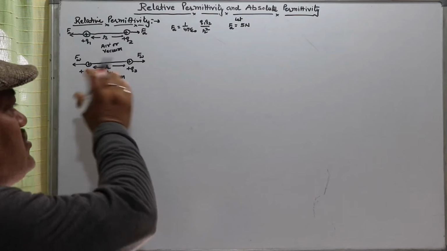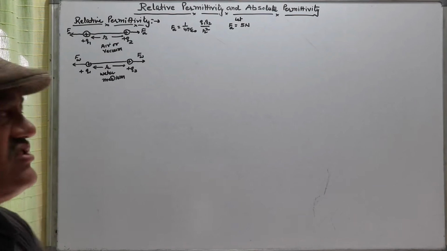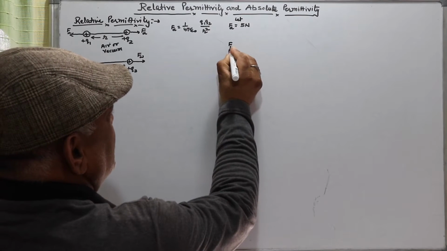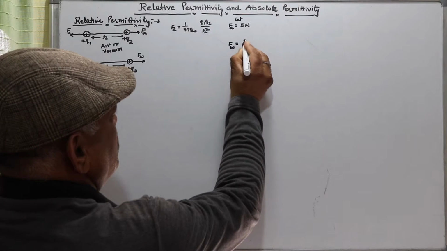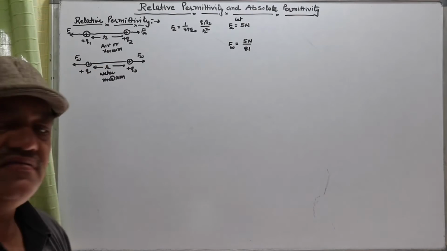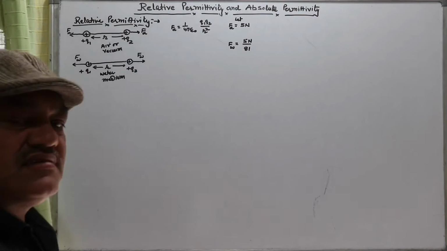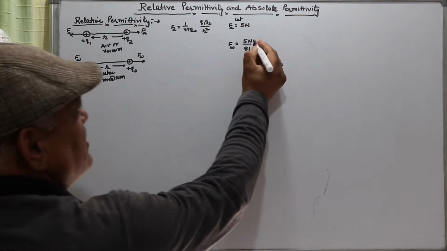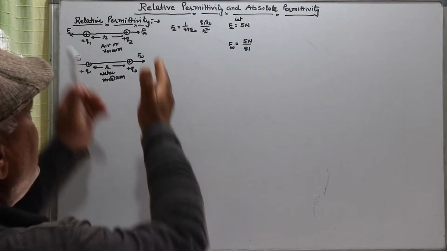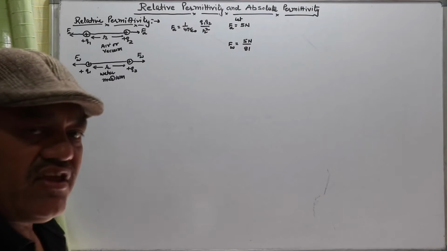This Coulomb's force Fw between these two stationary point charges will be equal to 5 Newton upon 81. Here 5 Newton is the Coulomb's force acting between the same two stationary point charges when placed in air or vacuum.